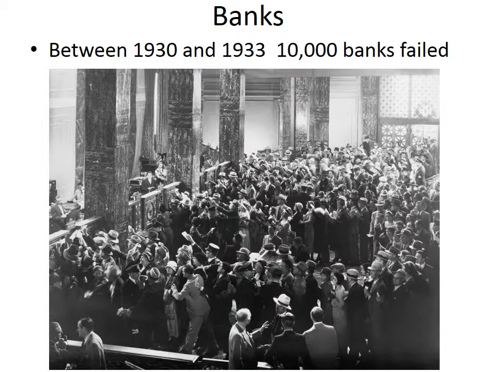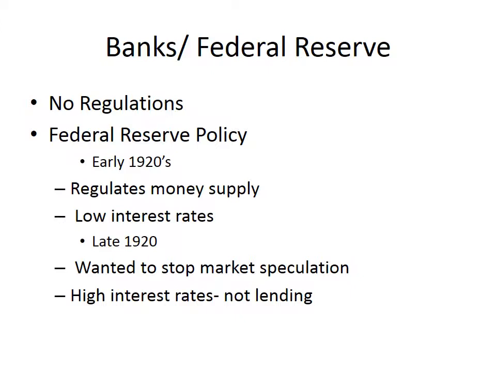And the economy needs people to put money into banks so that there can be investment going on. Banks did not have the regulations that they have today. For example, the money wasn't guaranteed the way it is today. And we'll talk about that. Actually, money being guaranteed was something that came out of the New Deal.